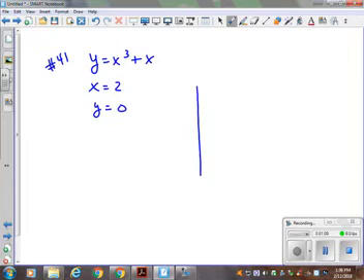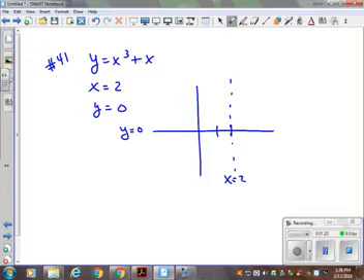Those are vertical and horizontal lines. So they're easy to put into your graph, because y equals 0 is this line, and x equals 2 is a vertical line over here. So I just have to put this one in to see where it crosses those. If you just plug a few numbers in and start trying some, if you plug in 0, you get 0.